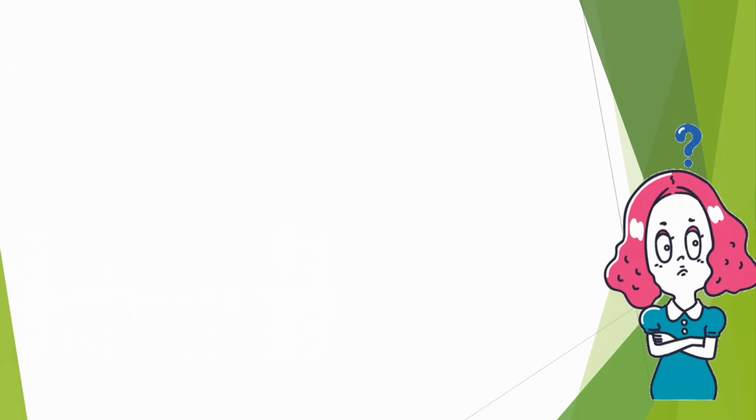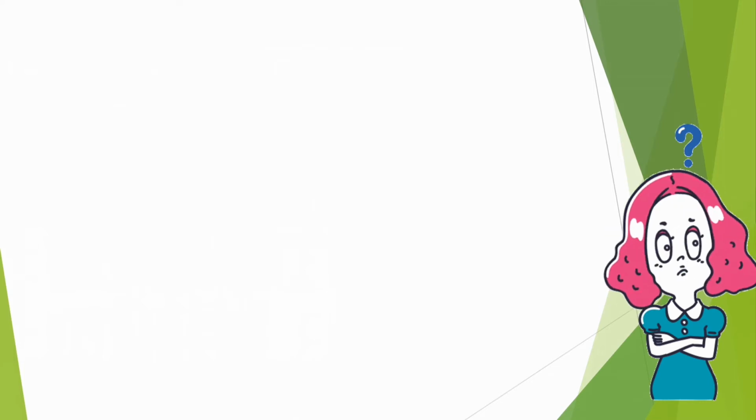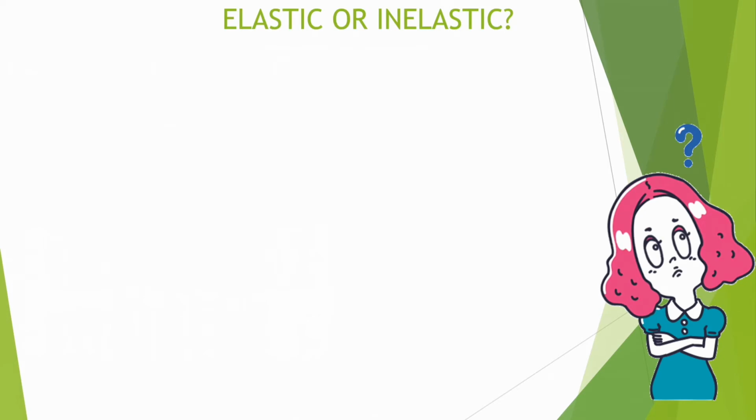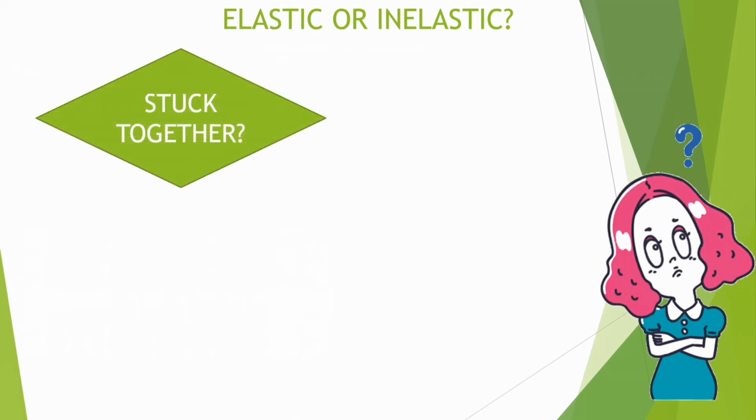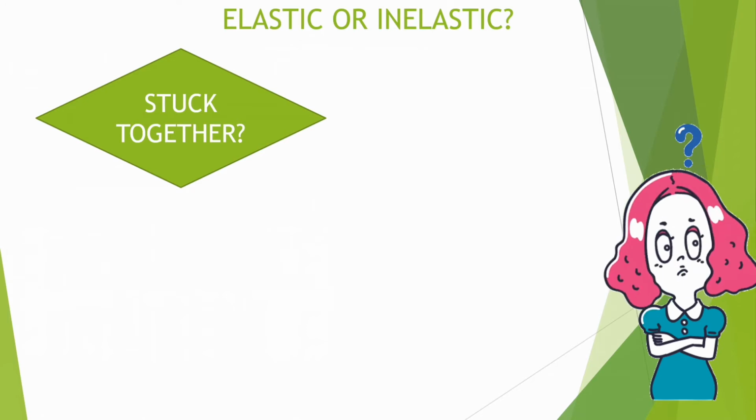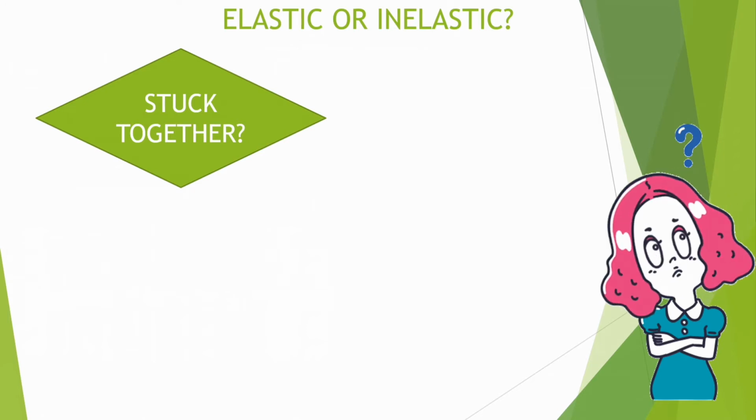The words that you have guessed a while ago are the types of collision. How can we identify whether they are elastic or inelastic? After the objects collide with each other, did they stick together?